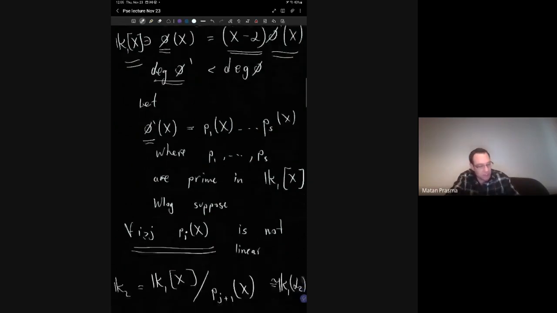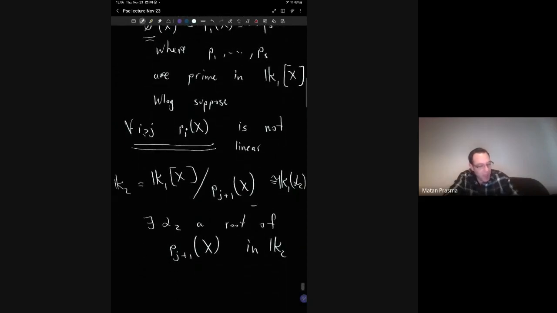I choose whatever. You start with the first one, and you take the modulo, the quotient of K1 of x with respect to this polynomial. This is a new field, K2, because I modded out by a prime polynomial. I get a field again, and this field contains a root alpha 2 of this polynomial P_{j+1}. That makes sense.